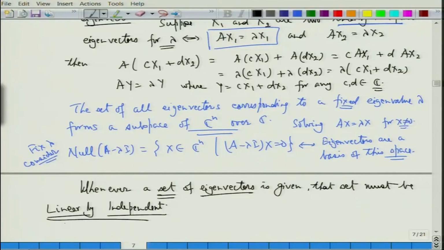Linear independence is very important because you want a basis of this null space of A minus lambda I, you do not want anything else. So I have given you the idea of what is called a characteristic vector or an eigenvector, null space, latent root or characteristic root or eigenvalues and so on. Fine.